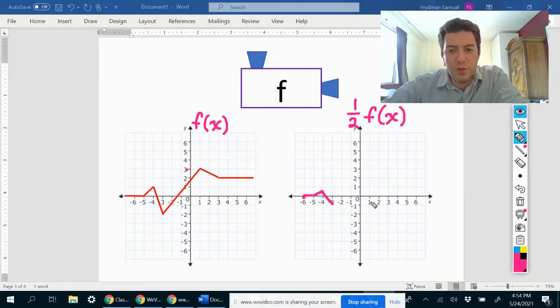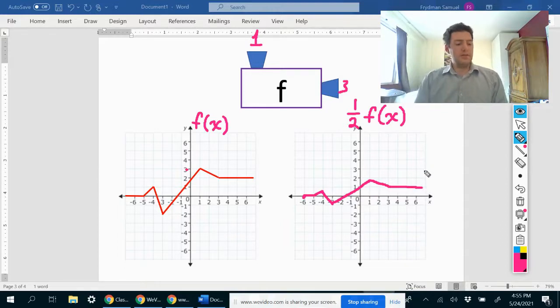Instead of going up to 3 like it did over here, right? If our x value is 1, we put 1 into the function machine, we get 3 out. So this would become 3, but then 3 times a half is 1.5. So this is only going to get up to half as high as it did before back over here. All right, and then this is going to go back down to 1 over here.